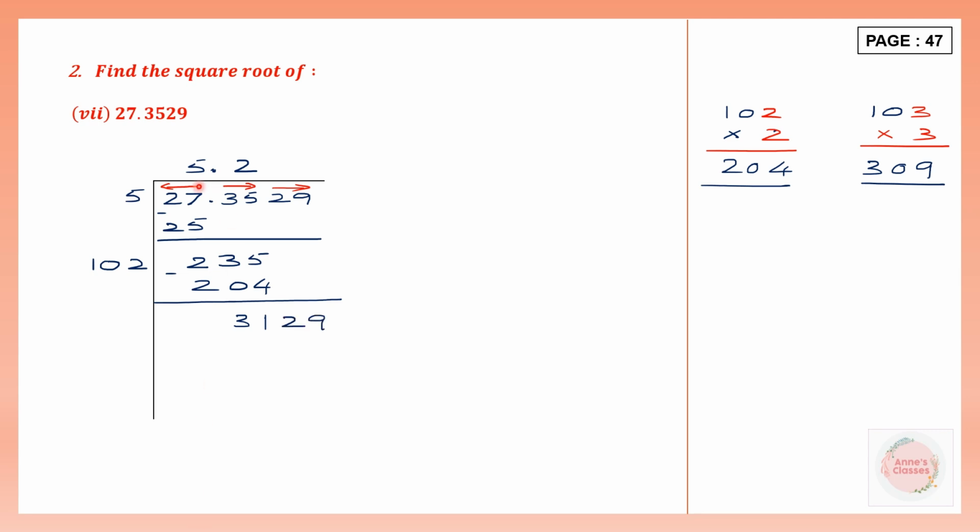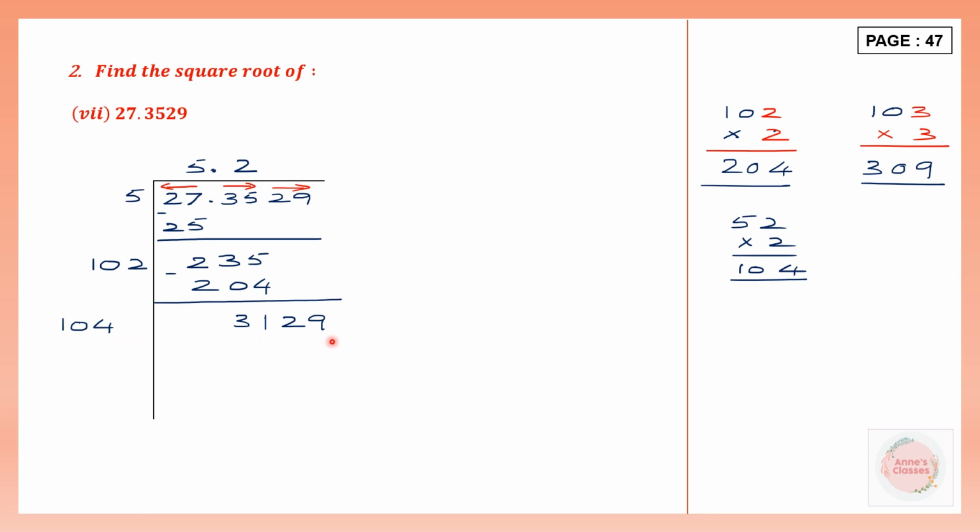Next step, look at this. Take it like a whole number, 52, and write the double of it. That means multiply it by 2. 52 into 2. Let's multiply and see. 2 2s are 4, 2 5s are 10, we have 104. So let's write 104. Now next to 104, I need to write a digit. Now how do I choose that digit?